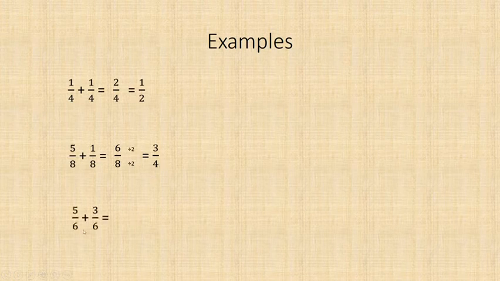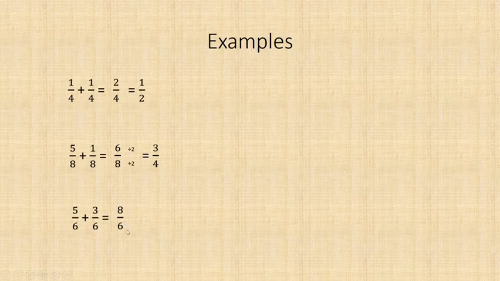Okay, 5 over 6 plus 3 over 6. Same denominators, so add the numerators. 5 plus 3 equals 8 over the same denominator, which is 6. 8 over 6 here. Look here, the 6 cannot hold the 8. It's an improper fraction, so you have to change it into a mixed number.